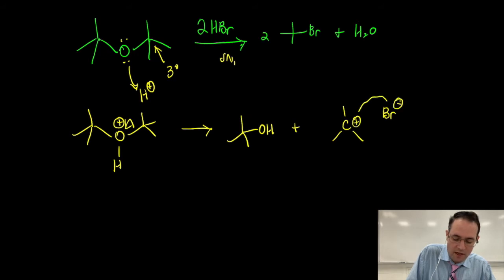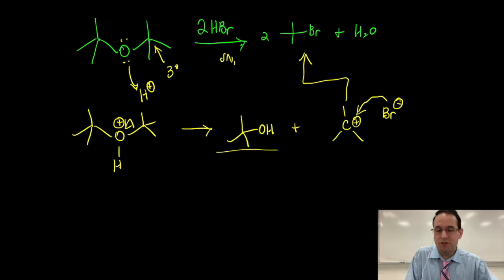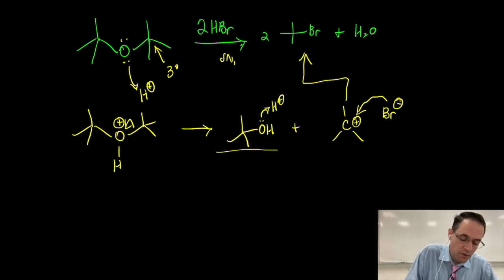And then bromide is going to attack this to form tert-butyl bromide. This alcohol can proceed onwards by protonating, okay, to give you the oxonium ion intermediate.